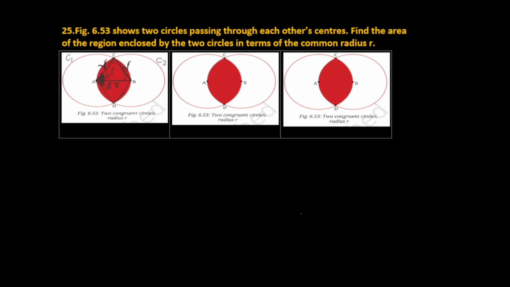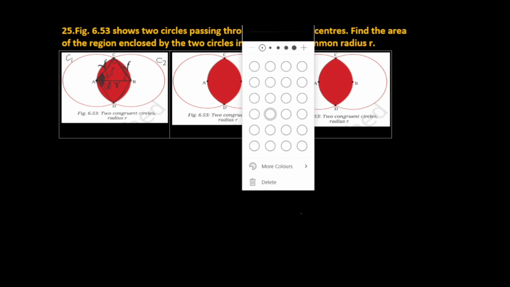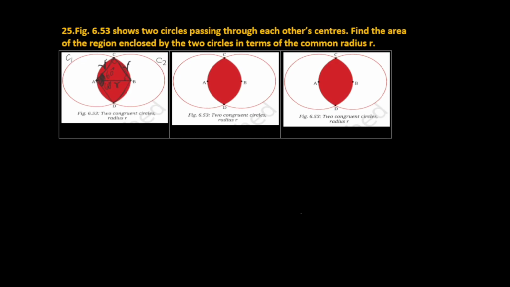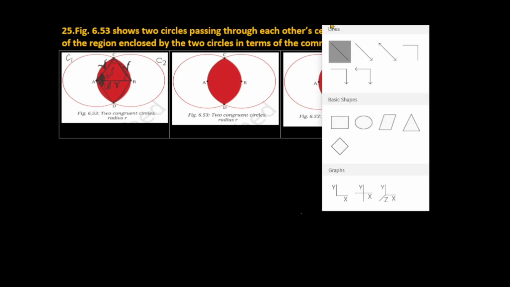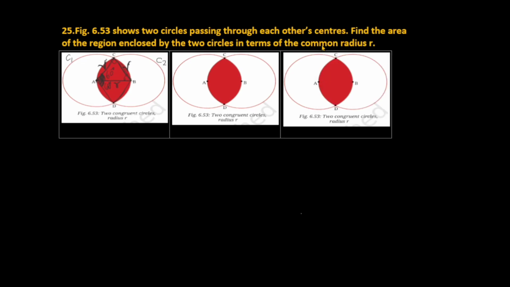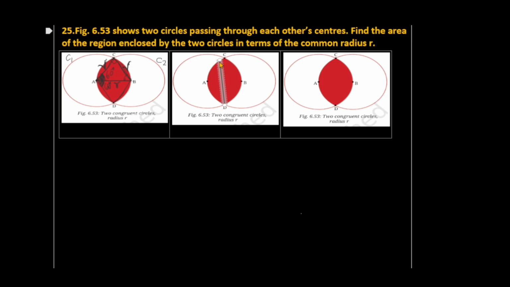Now we are going to find the area using two segments. Suppose I draw the common chord, joining B and C. So this is the common chord.